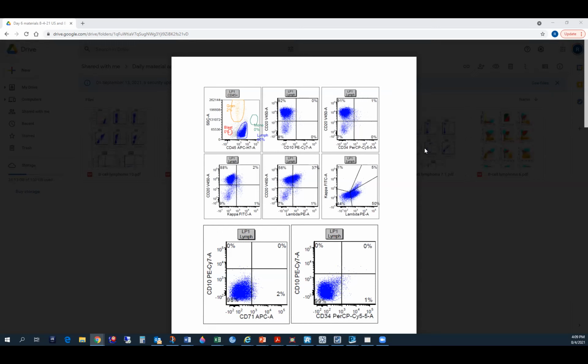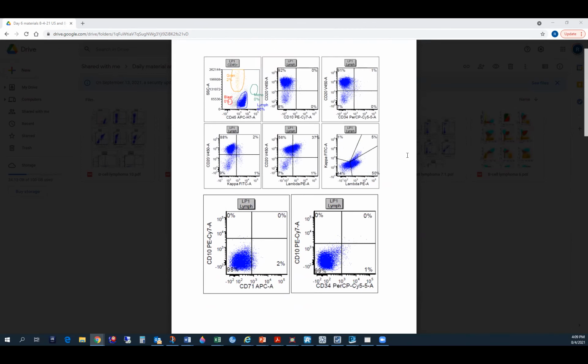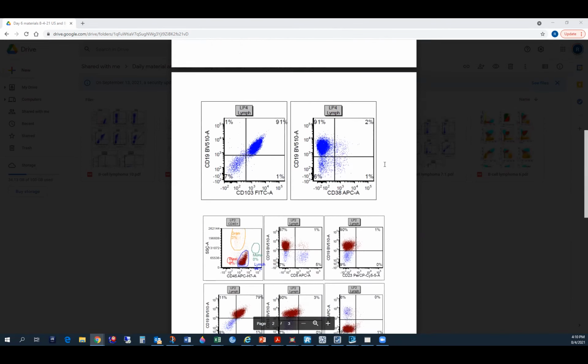Then again, CD20 is moderate, going a little brighter there, and it is lambda restricted, and then CD71 negative, CD34 negative.